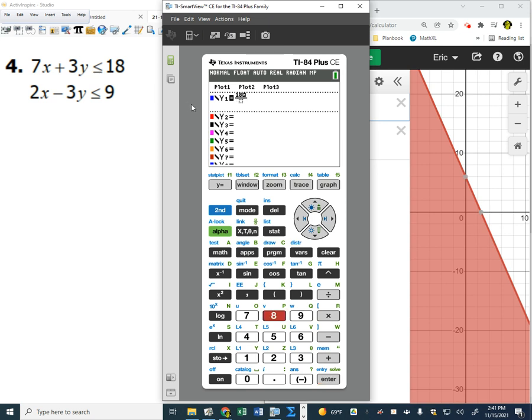Well, 18 is already there, right? What else am I moving over to the numerator to get the y by itself in that first equation? Yeah, I got to subtract the 7x to that side, right? So 18's already there. I'm going to subtract 7x. Oh, darn it. I didn't mean to do that. Shoot. 18 minus 7x. And then to isolate the y, I'm going to have to divide the whole thing by 3. And so there it is.